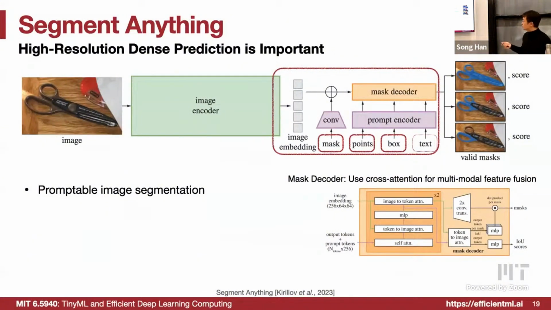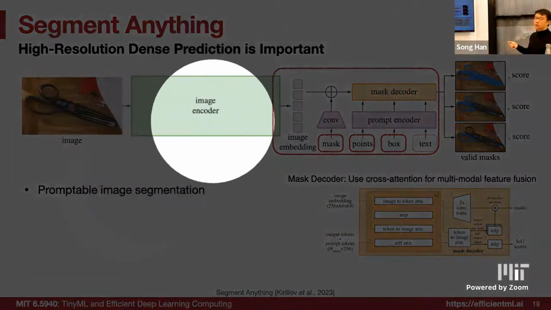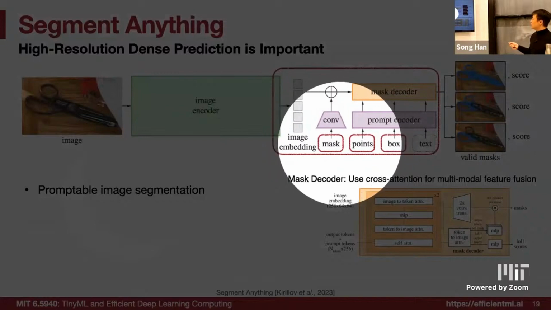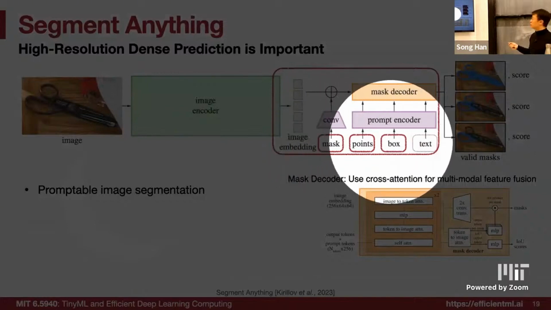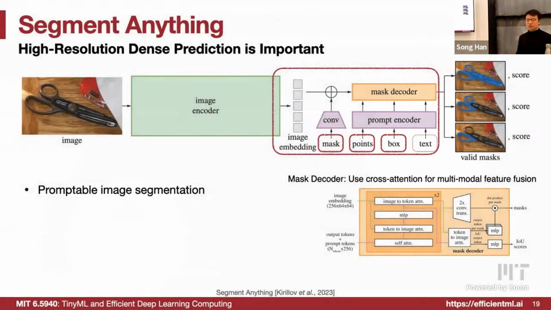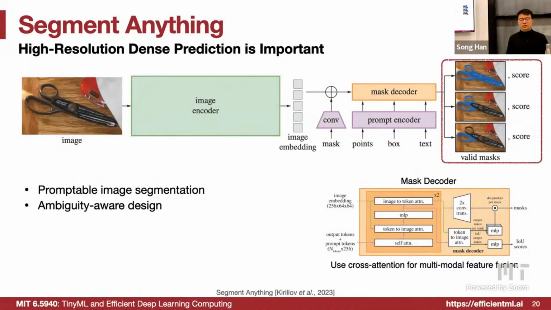So such work requires a pretty heavy image encoder based on ViT. And then you can take a mask as input prompt, a point, or a box, or even text, which is not released in this paper. So it's promptable image segmentation. And it is an ambiguity-aware design.